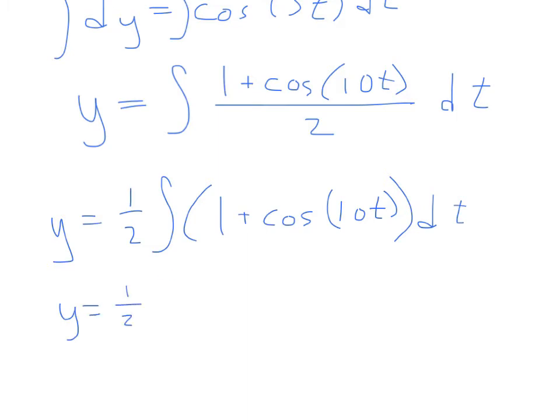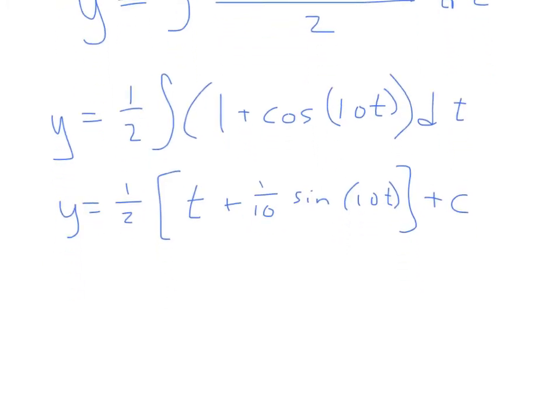Y equals 1/2 t, and then this again is a cosine, so this will be plus 1/10 the sine of 10t plus c. And the final step in my mind is just pushing in that 1/2. y equals t over 2 plus 1/20th the sine of 10t.